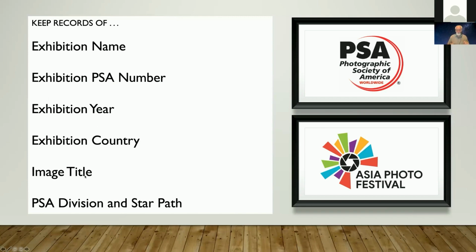And make sure that when you're recording your information about your acceptances, that you record exactly the title that you used when you entered the exhibition. And also record the PSA division and star paths, so PIDC, PIDM, nature, photojournalism, and so on.